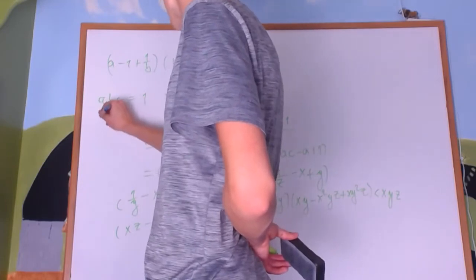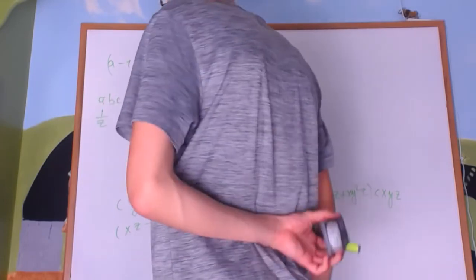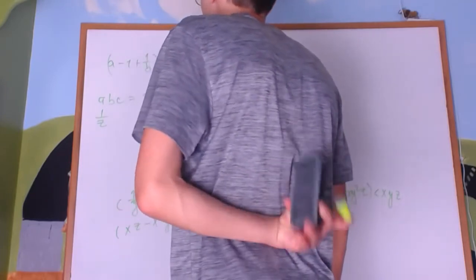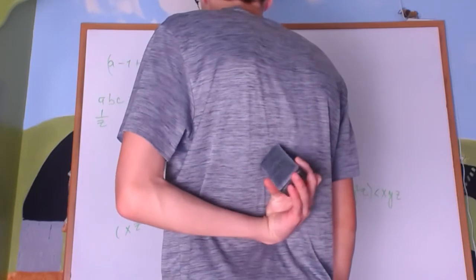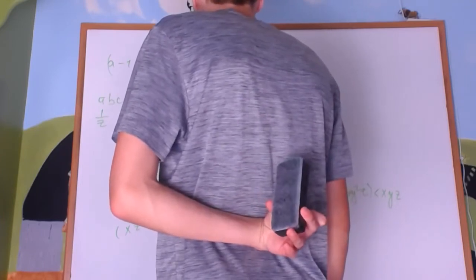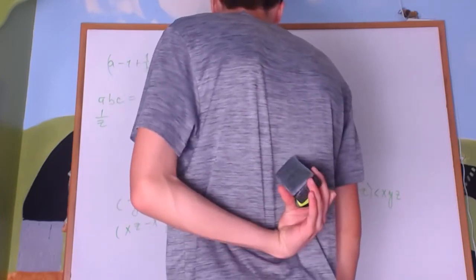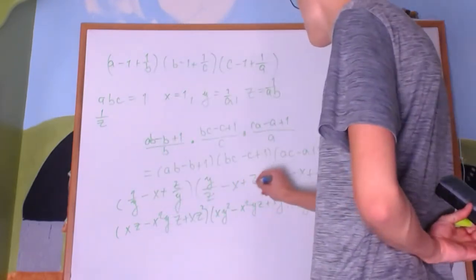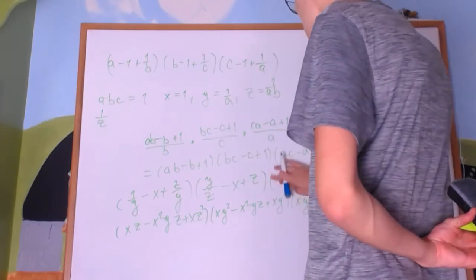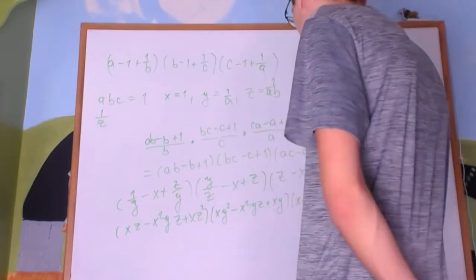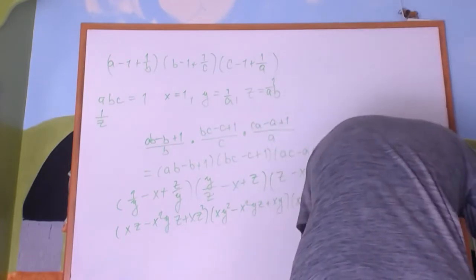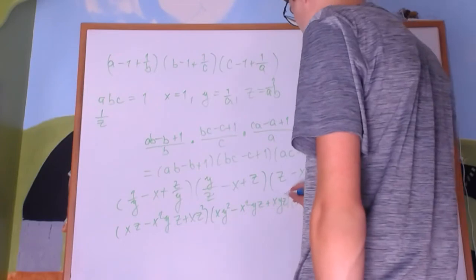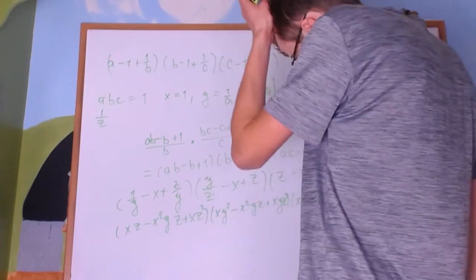Basically it says 1 over z, which is AB, times c, which is just z. Oh, z is just c. So right there is just z. Z right there. So xyz squared, xyz squared. Why does this help?